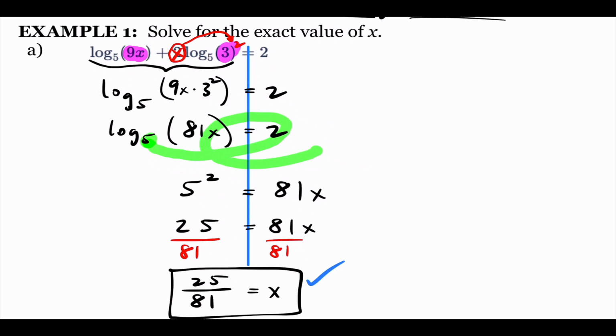When you're checking, the number that you get is meaningless. It only matters to me if it's a positive, a negative, or 0. If it's a negative answer or a 0 answer, it's extraneous. If you were to get a positive answer, it's okay. So again, what is this times 9? I have no idea, but I know it's going to be a positive number. That's all I care about. Can't have a negative log.